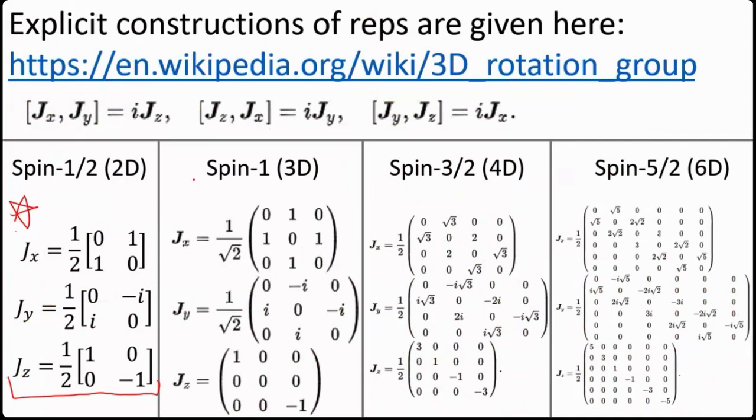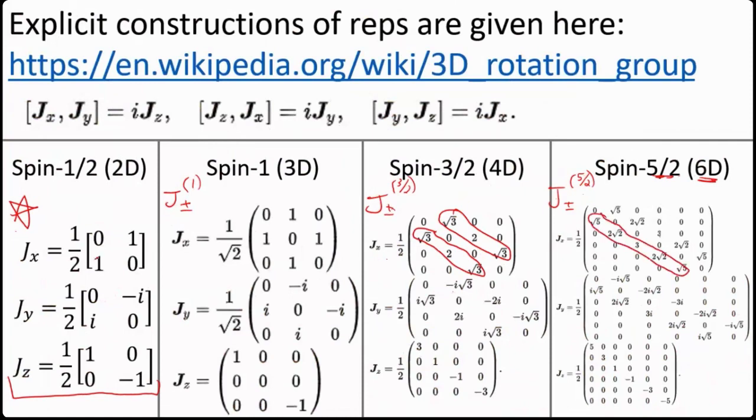But you can use that same procedure. You can get J plus and minus for the spin 1 representation. You can get J plus and minus for the spin 3/2. You can get J plus and minus for the 5/2 representation. And I guess you have to churn out the Clebsch-Gordan coefficients, but those coefficients end up being these off-diagonal numbers here.